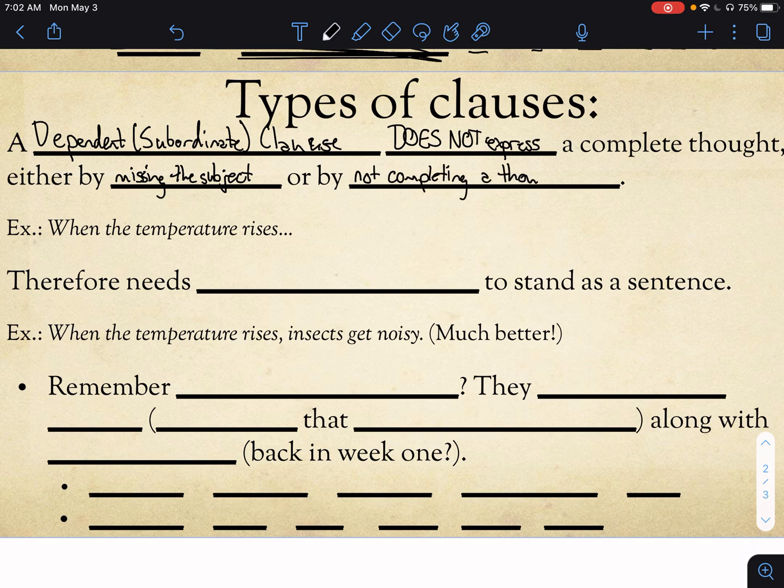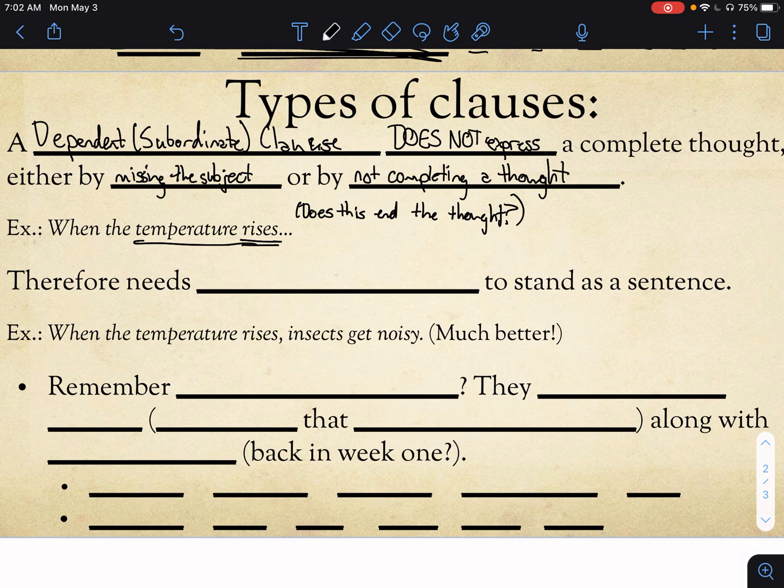So what I mean by this is the following. When the temperature rises, well, if you think to yourself, does this end the thought? Not really. It says when the temperature rises. Okay, what happens when the temperature rises?